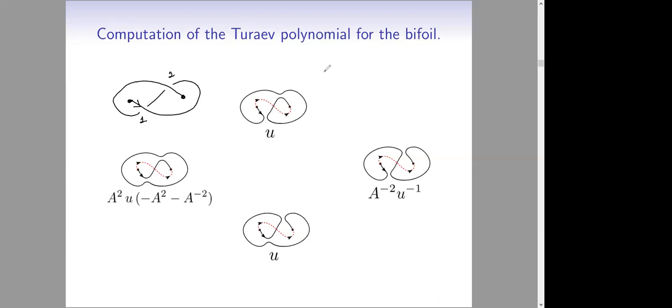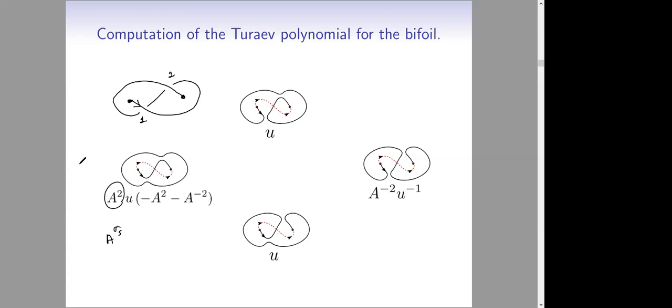For each resolution, first we count the number of components. For example, in the first case where you resolve both crossings as 0, 0, there are 2 components. That's why this is 2 minus 1. We do include the segment component in the number of components. And this a squared is a to the sigma s.